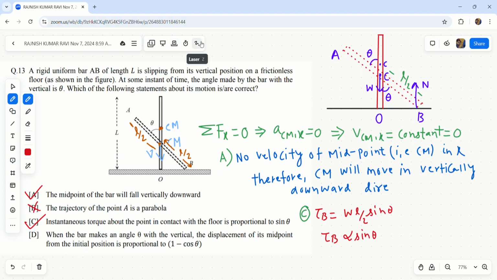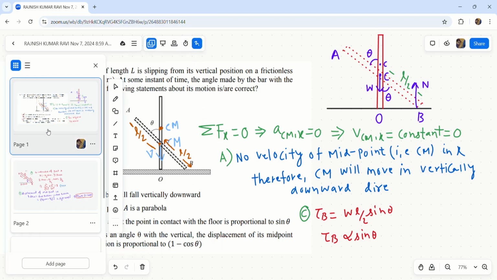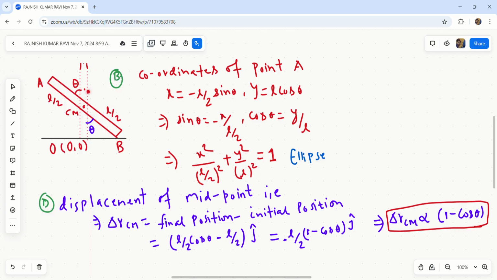Now coming to option D. In this option, we are required to find the displacement of the midpoint from the initial position. When it was in the vertical position, the center of mass or the midpoint was at L by 2 distance from the floor. Now when it is making angle theta with the vertical, the center of mass will be at a height of L by 2 cos theta.